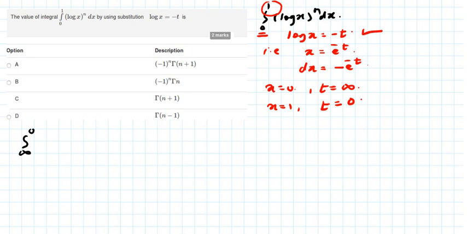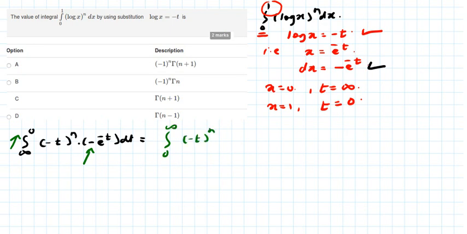Log x raised to n: the value of log x is minus t raised to n, and the value of dx is minus e raised to minus t dt. Now, because of this minus sign, the limits of this integral get reversed. So this will be from 0 to infinity minus t raised to n e raised to minus t dt.